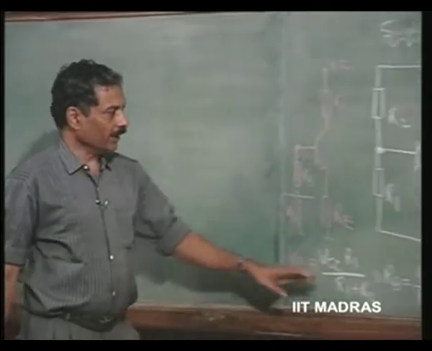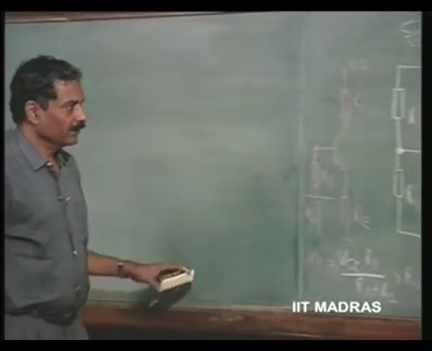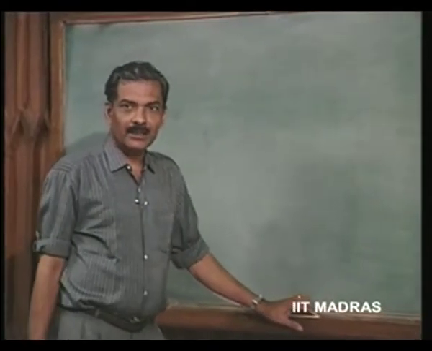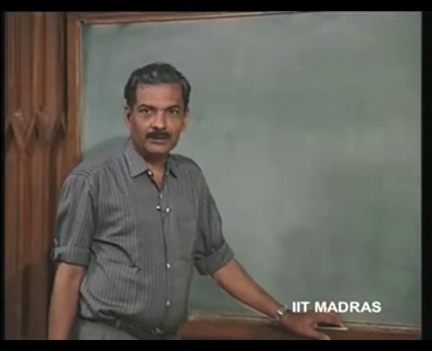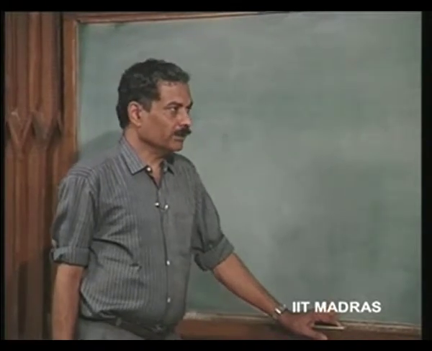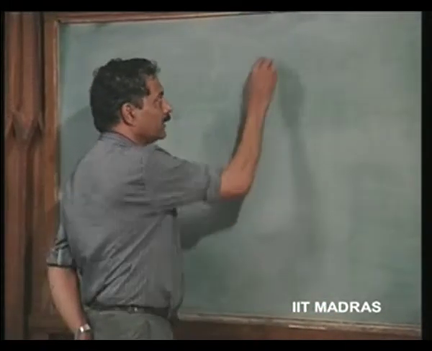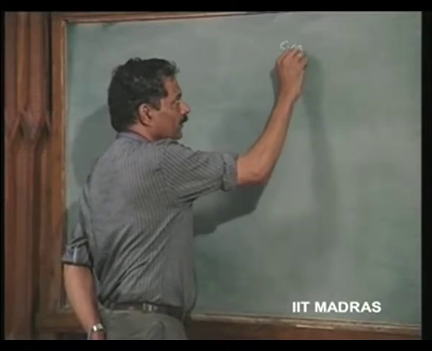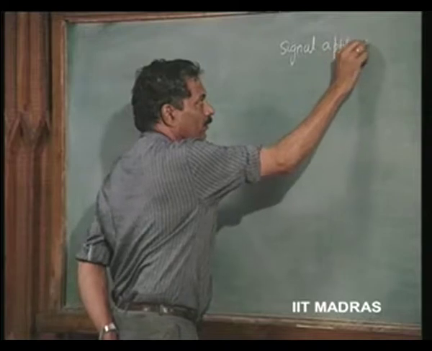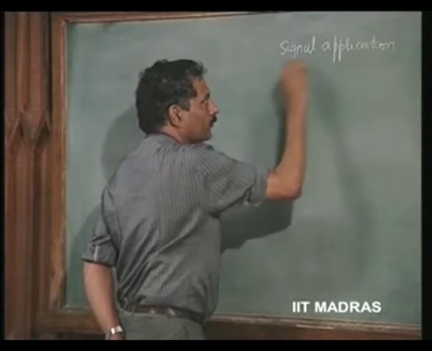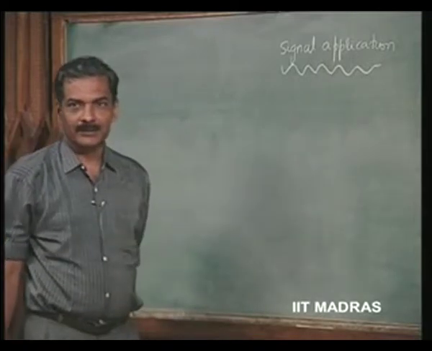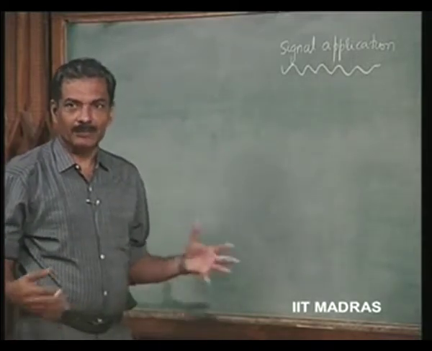So, with this knowledge about biasing, we would now like to see how signal can be applied to the transistor. So, how do we apply signal? Signal, as we know, is a time varying component which we would like to amplify.